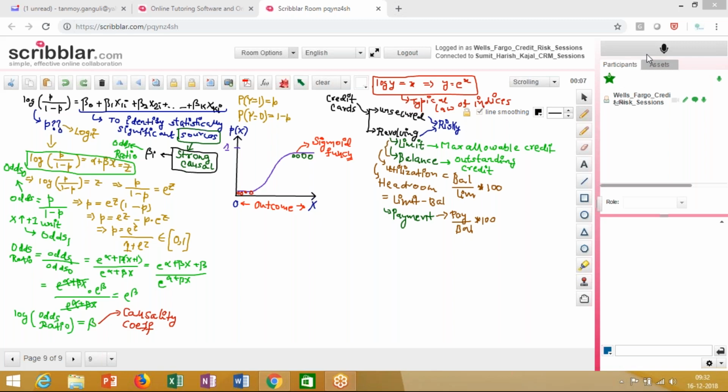Now that must be supported by his payment patterns as well. Now, if I see a guy who uses up huge volumes of credit but does not pay back the money in time, then you know that this borrower is a risky borrower, right?